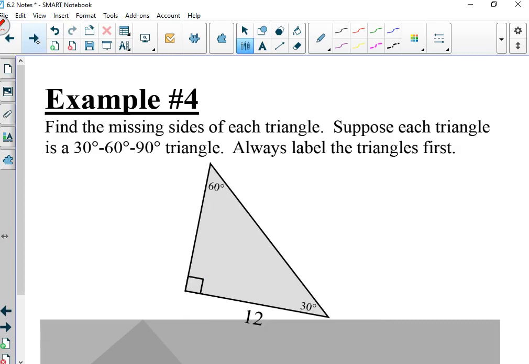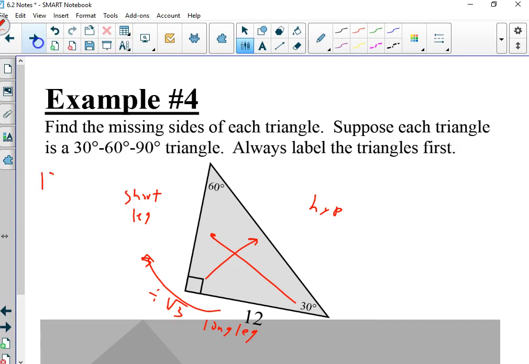Now, this one's a little bit trickier. Again, here's our hypotenuse, and here's our short leg. I mean, this is our long leg. Now, to get the short leg, we're going the opposite direction. So instead of multiplying by radical 3, we're going to divide by radical 3.